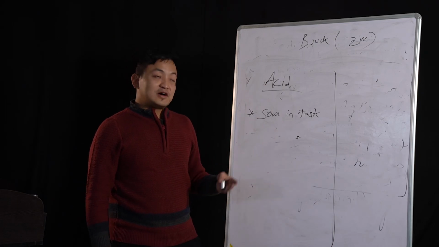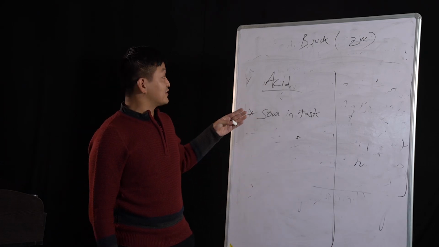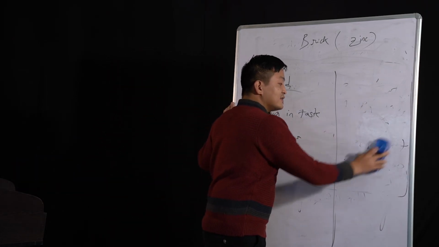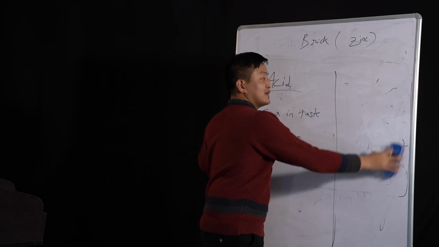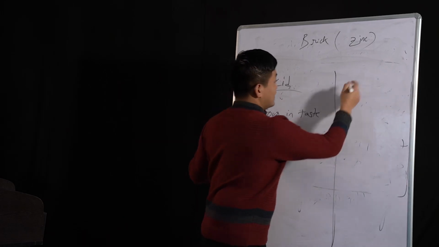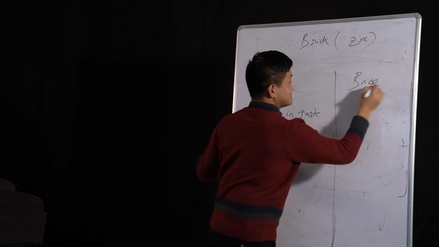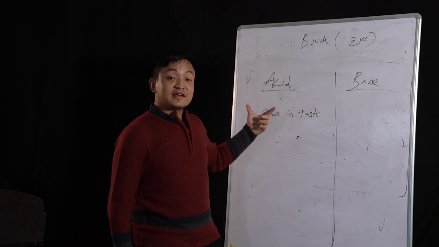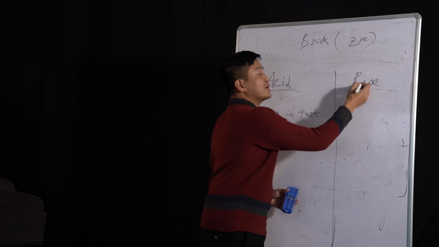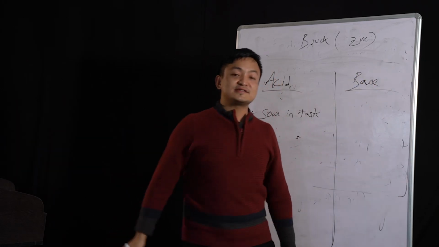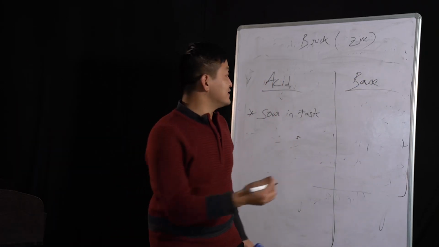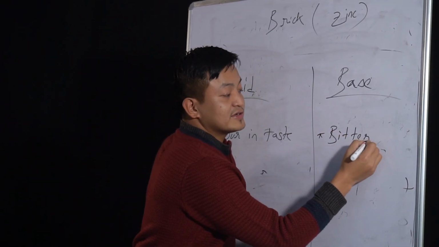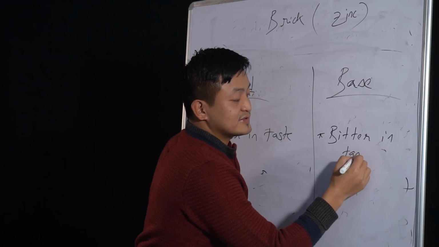So I'm giving you an introduction to acid, base, and salt to get more familiar with this chapter. The detailed part of this chapter we'll do in the next class. And base. So acids are sour in taste. So how would the base taste? And what is base? Bases are bitter in taste. Bitter in taste.